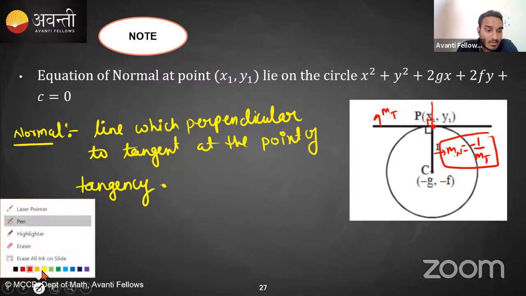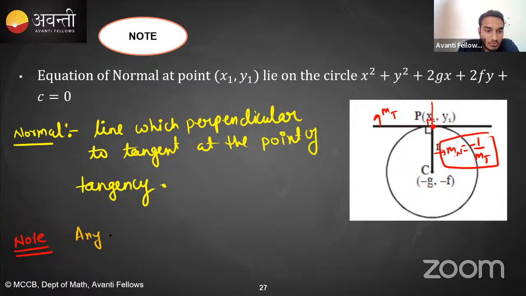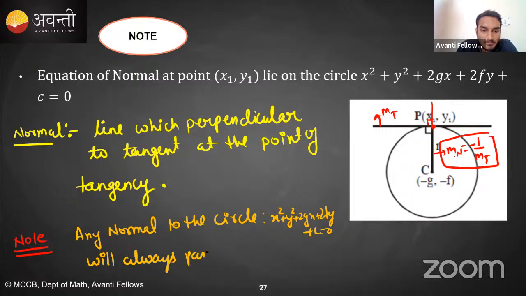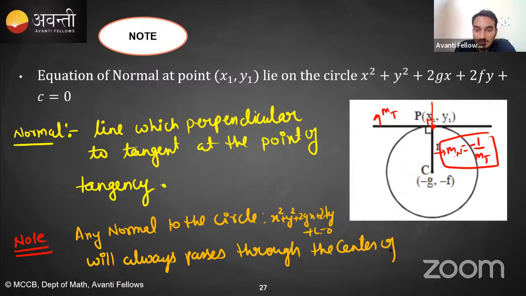Any normal, let me write this down. Any normal to the circle, any circle, in this case let's assume a general circle, x square plus y square plus 2gx plus 2fy plus c is equal to 0. Any normal to the circle will always pass through the center of the circle.